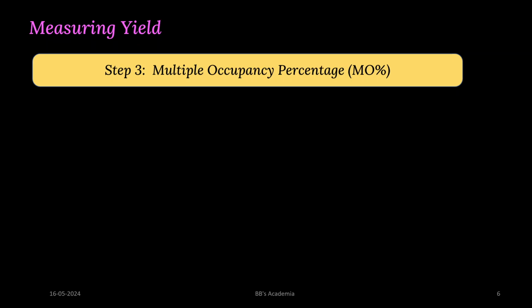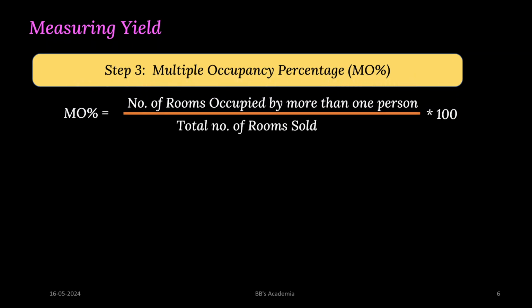Step 3. Multiple occupancy percentage. That is, in bracket I have mentioned MO, multiple occupancy percentage. How it is calculated? Number of rooms occupied by more than one person divided by total number of rooms sold multiplied by 100.